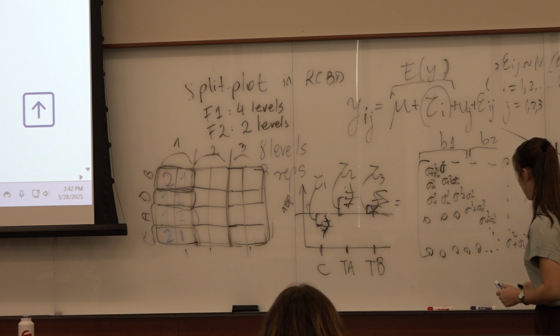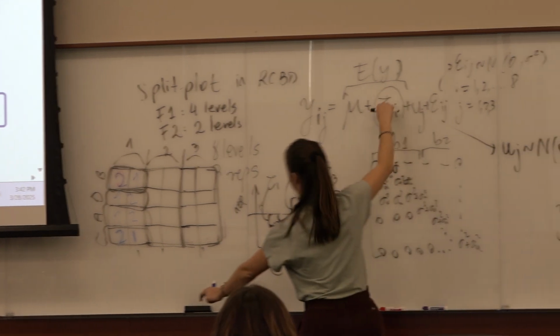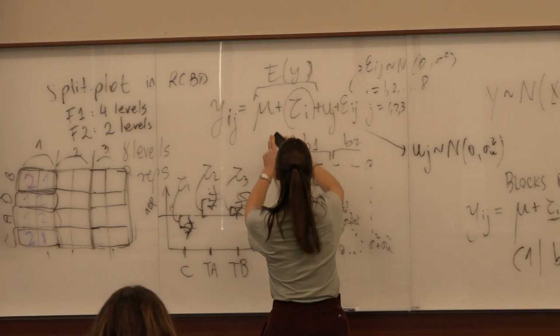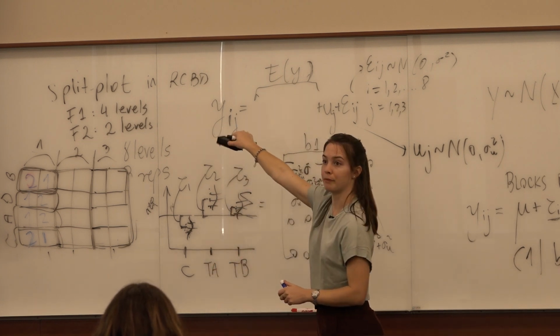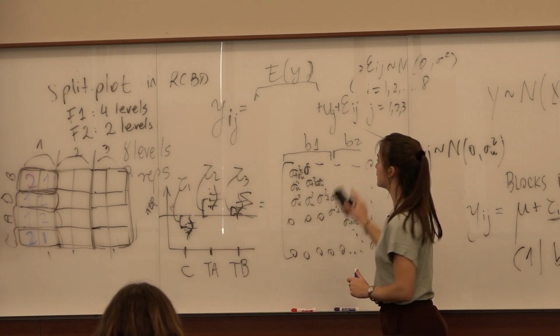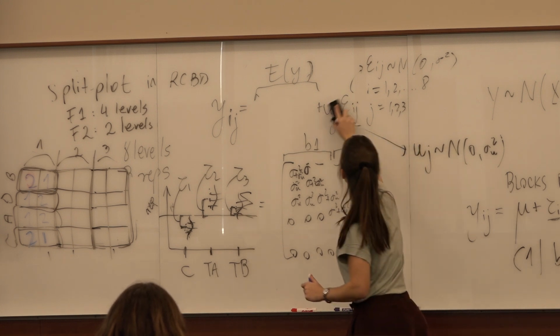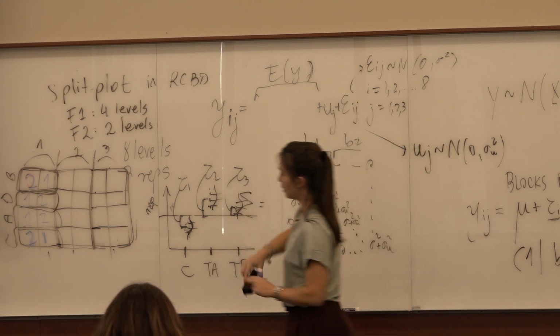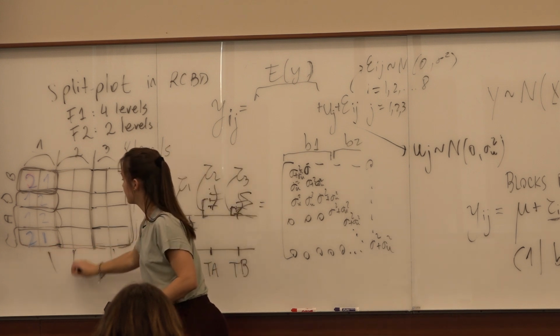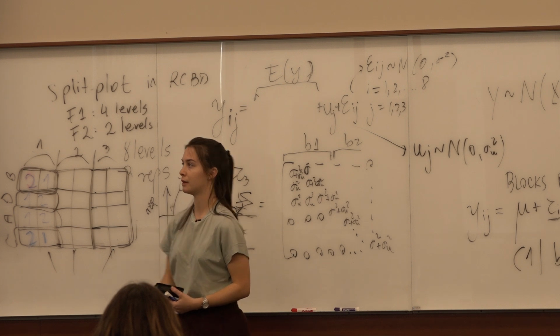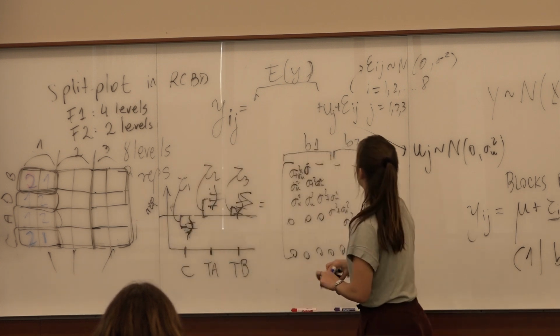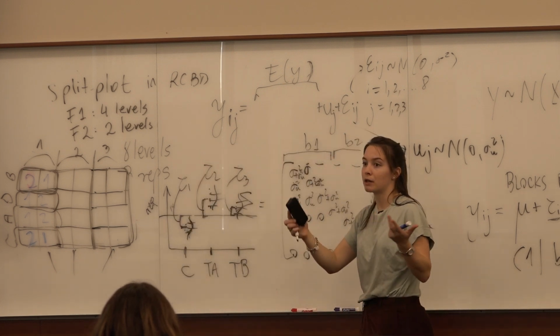So now we're going to change this part because now we have 2 treatment factors that we're studying. But first, let's study this. We have first the block effect, right? Then the mini block effect.